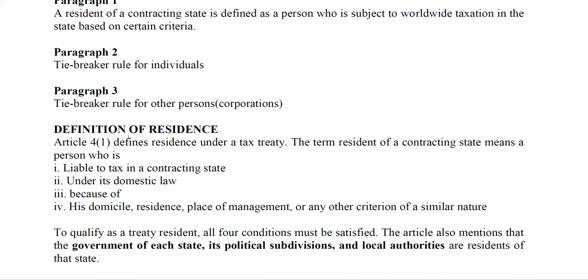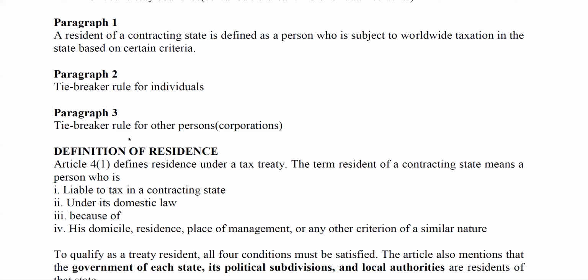Are we okay? So first of all, if it will come in the exam, they will ask you from the perspective of enjoying benefits under a treaty. You get it? Or they are going to bring a situation where the person is a dual resident as an individual.